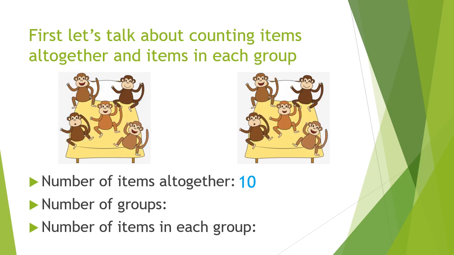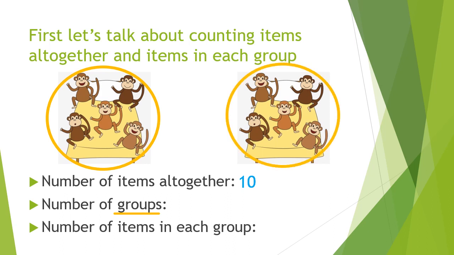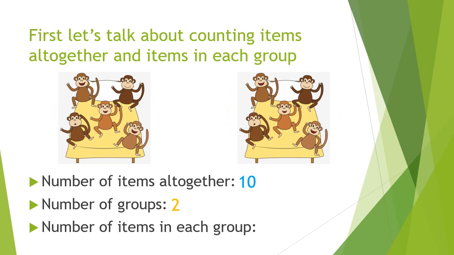So, next, we're going to count the number of groups. So, the number of groups, in this case, is the beds. Kumpulannya tilam ini. So, number of groups, we have 1, 2. So, number of groups is 2. Okay, now we're going to count the number of items in each group. Each ini artinya 1.